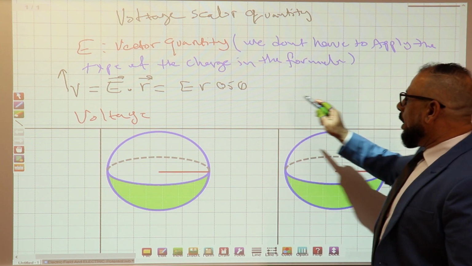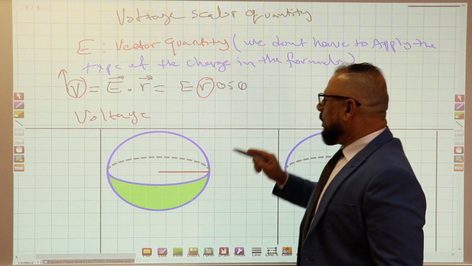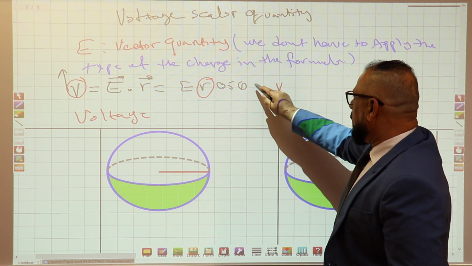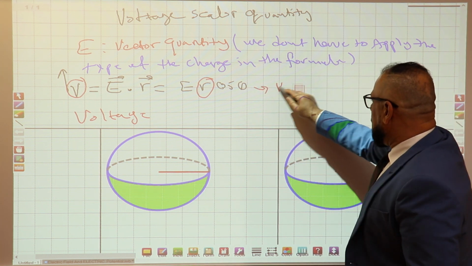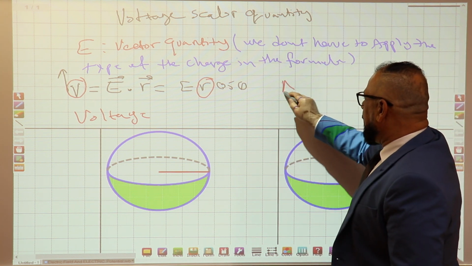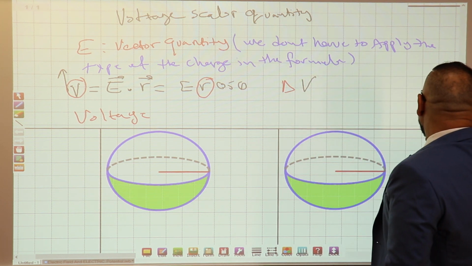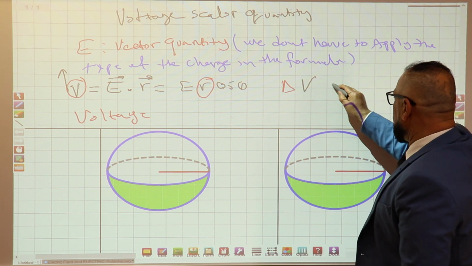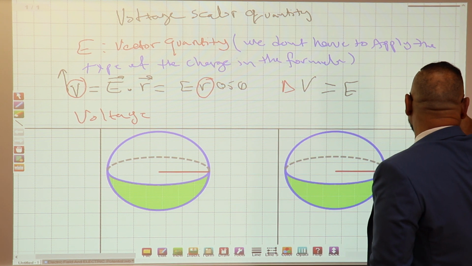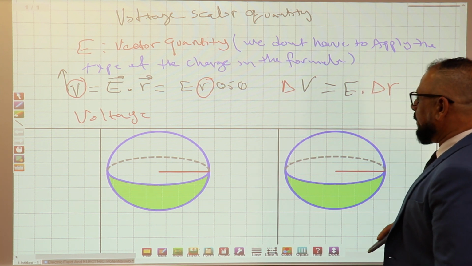Look here, if R, the distance, changes, the voltage changes. I can write delta V, and this is very important for you and me. Delta V, which is the change in V, where delta means change, equals E delta R. Good?